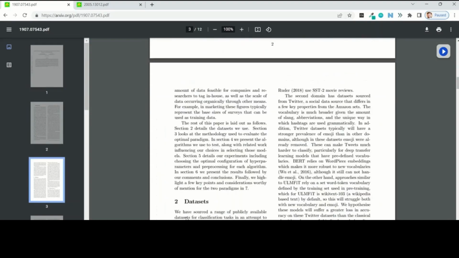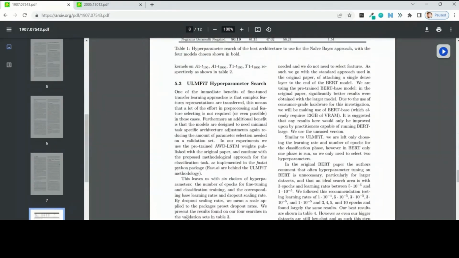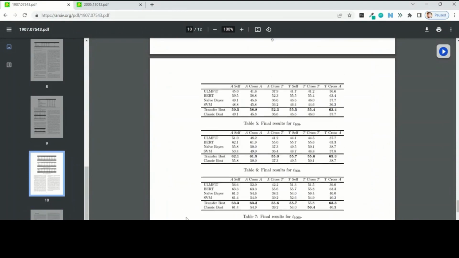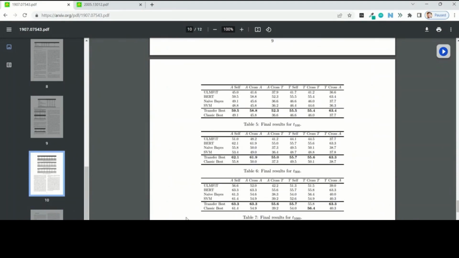And you can see in the paper, I can pull it up, in this table, that BERT outperforms the machine learning models as well as ULMFiT.